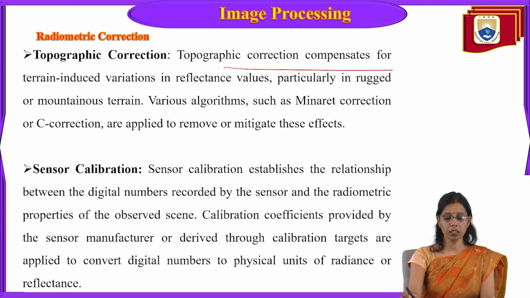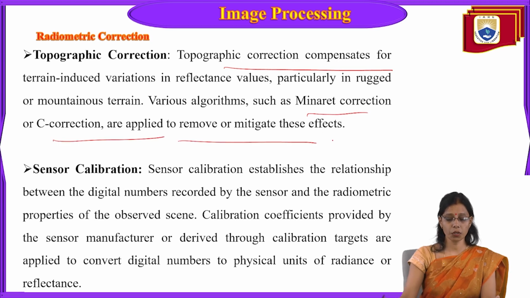The other step is topographic correction. Topographic correction compensates for terrain-induced variations in reflectance values, particularly in rugged or mountainous terrain. Various algorithms such as Minnaert corrections or C corrections are applied to mitigate these effects. Then sensor calibration is done.